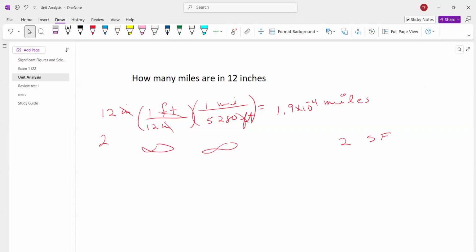How did I get that? I multiplied 12 times 1, divided by 12, and divided by 5280. I don't have to multiply by 1 on the calculator. So you're gonna go 12, hit the divide key, 12, hit the divide key, 5280. Enter.